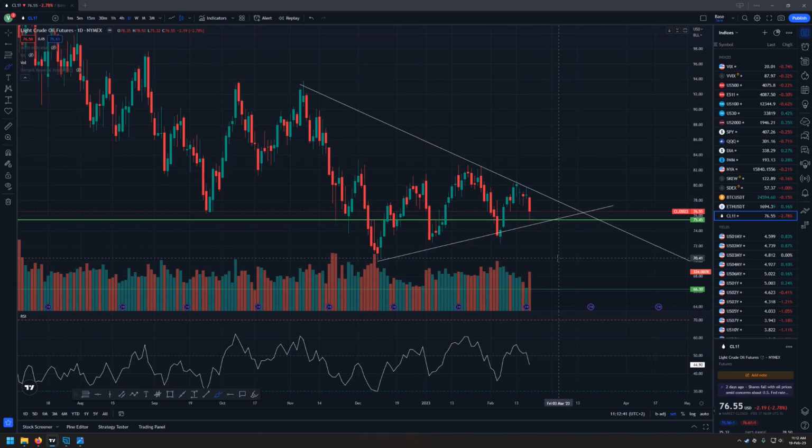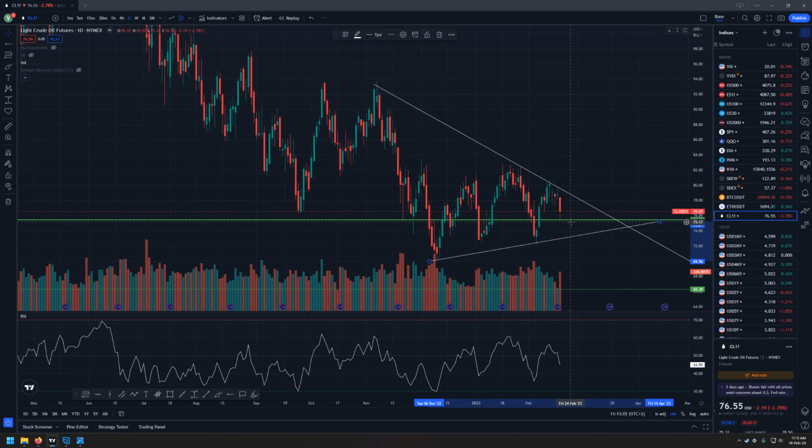Oil, I don't like the look of this that much, but I don't really see it going below 75 either. Buy the trend line test, I guess.